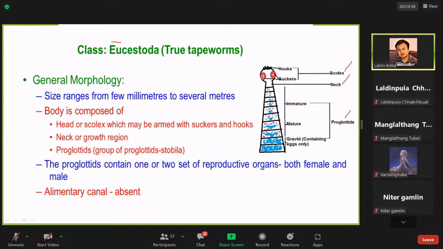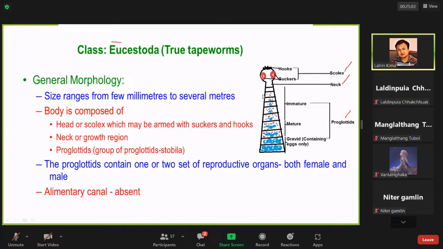That's why we call it the growth region. The new segment will be placed here, and the mature ones will be pushed further away from the scolex. The proglottids nearing the scolex are immature, and those away from the scolex are mature.